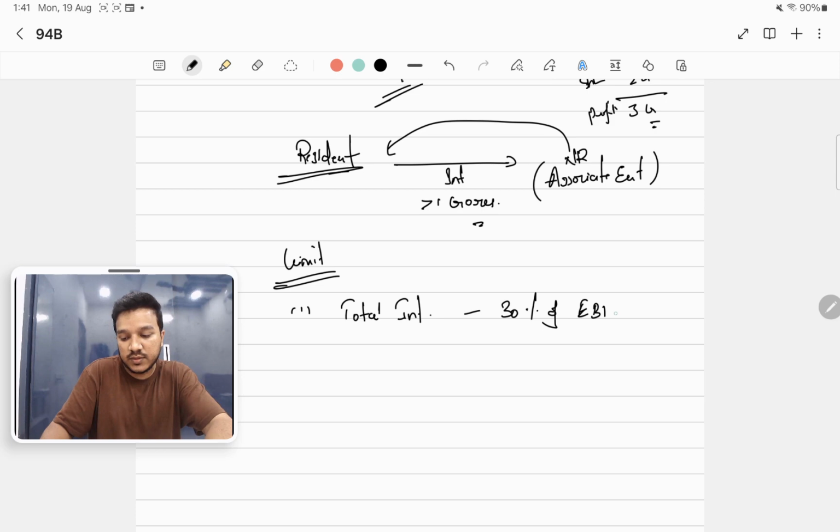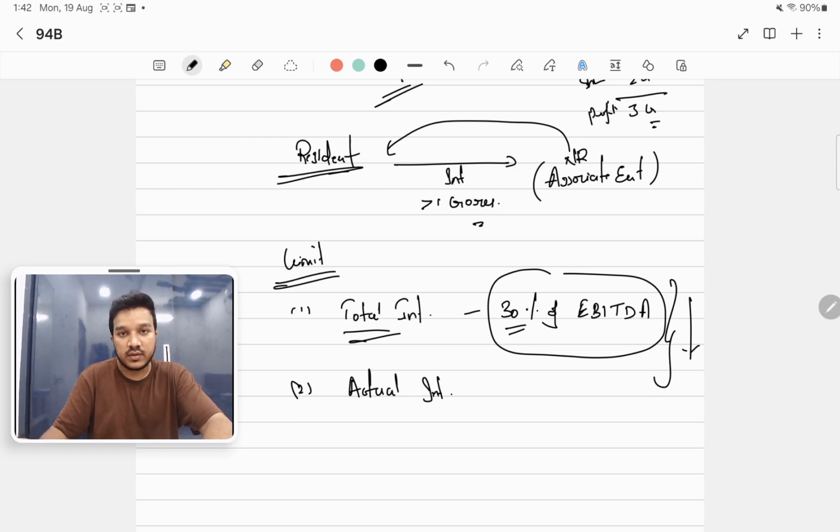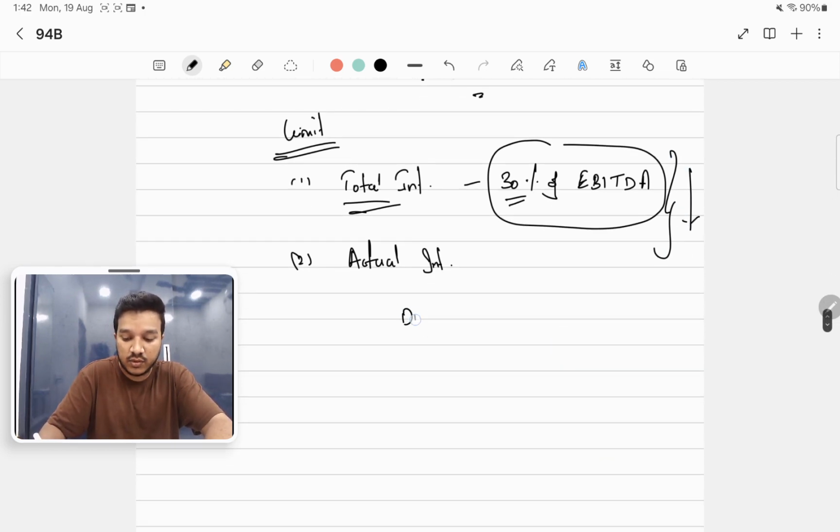EBITDA is nothing but earnings before interest, tax, depreciation and amortization. Take 30% of that and reduce this amount from your total interest. Okay, and then the second one is the actual interest payment that you're making. Okay, actual interest payment.